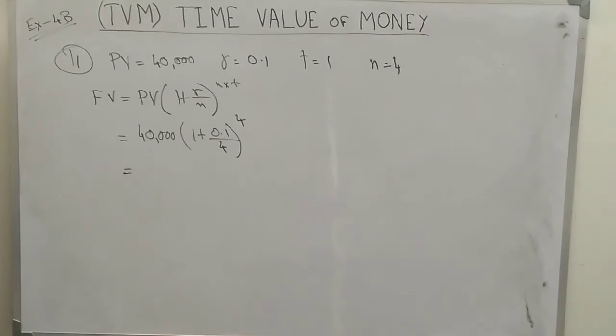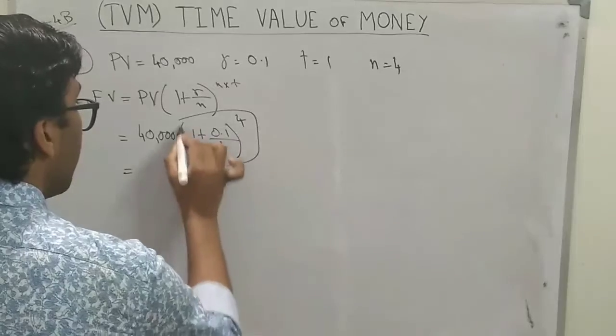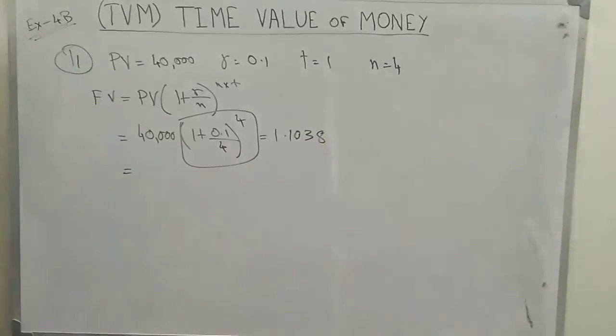Then 0.1 by 4 plus 1 to the power 4 comes as 1.1038. Then multiply this amount with 40,000.